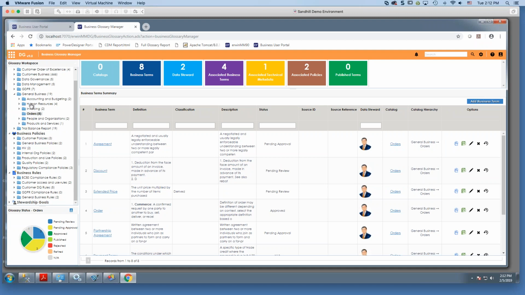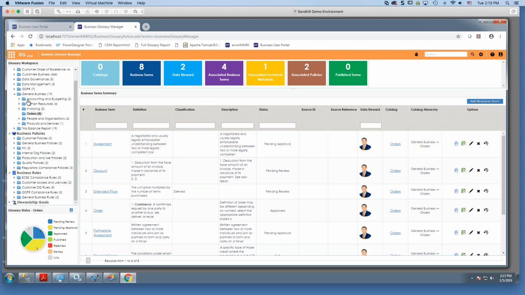So let's take, for instance, here, orders. So when I start looking at orders here, I can see that all of these things here fall under the concept of orders. Now, remember I talked about a little bit earlier that the business term has certain context. The term can have different meaning depending on what subject area you're looking at.